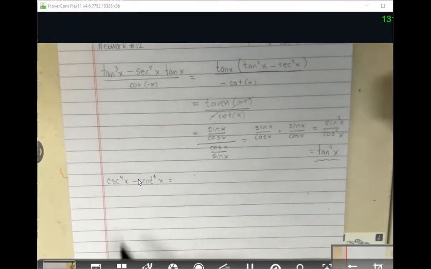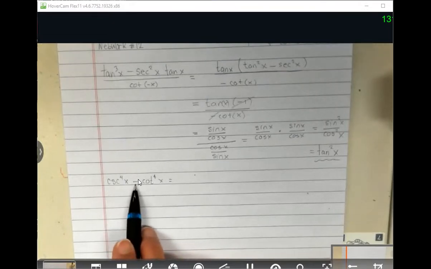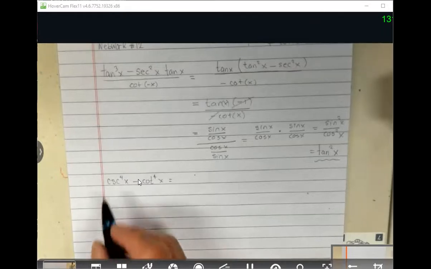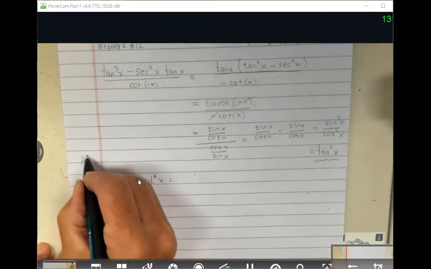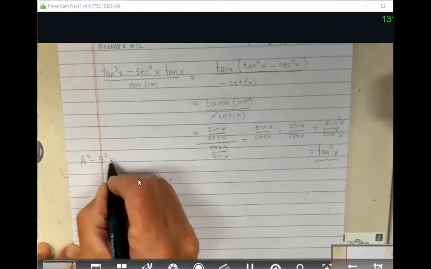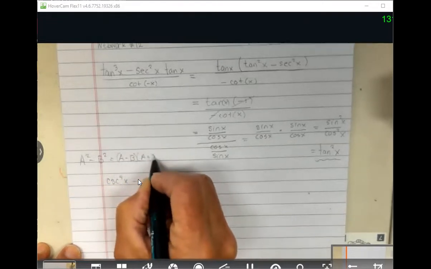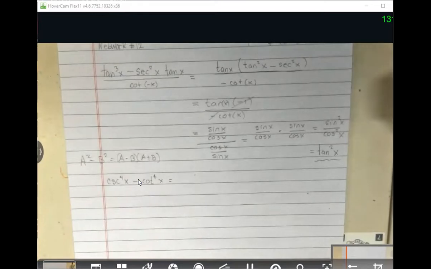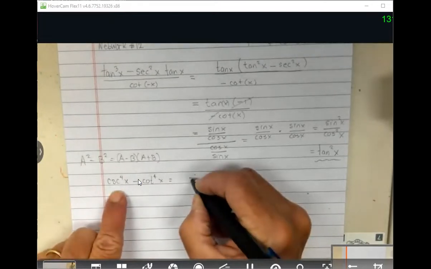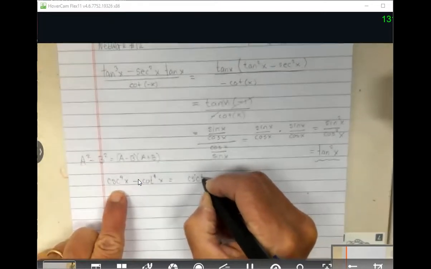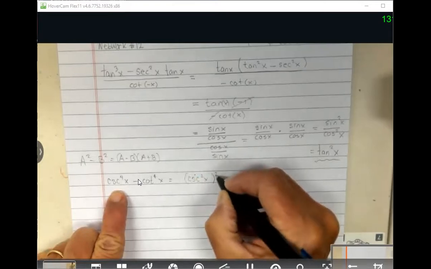I don't know what you notice when you see this, but when I look at something like the difference in even powers, I think of the difference of squares formula. I think of a squared minus b squared is a minus b times a plus b. I know I've got fourth powers, but I can think of this as a cosecant squared that's squared.